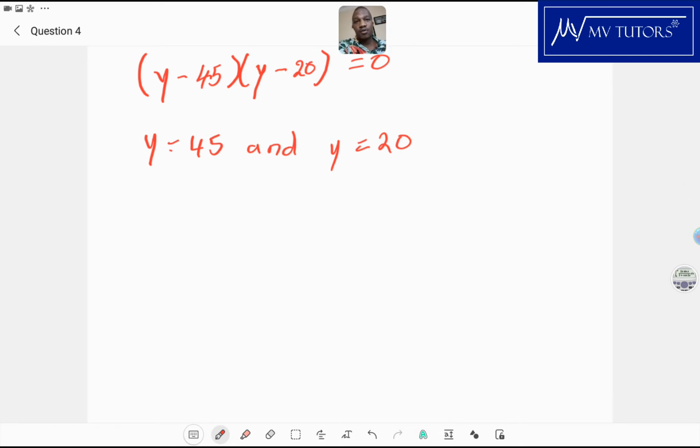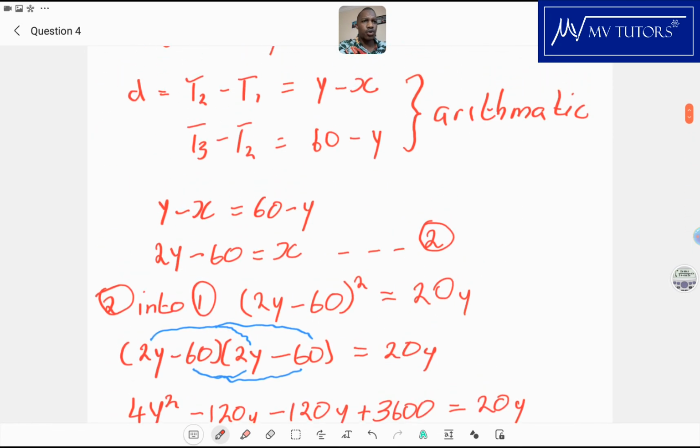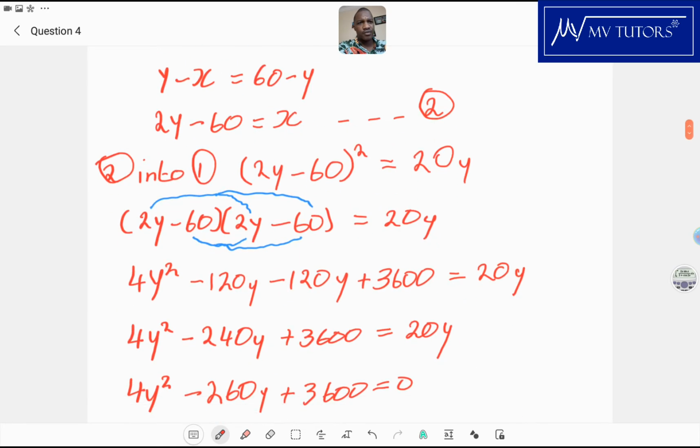So we need to determine values of x now. We're going to say if y is equals to 45, then x is equals to, let's go and look at equation number 2. You see equation number 2, subject of the formula was x. So we should have 2y minus 60.